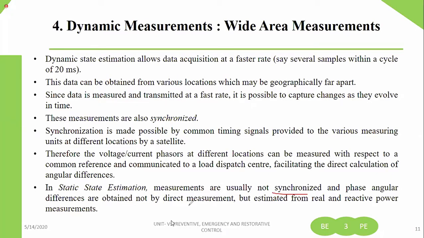You are not getting them from direct measurement, but substituting in the basic formula, estimated from the real and reactive power measurements. First measure the real and reactive power, substitute the values, and find the phase angular differences. Whereas in dynamic, you can measure individually and estimate, using a satellite.